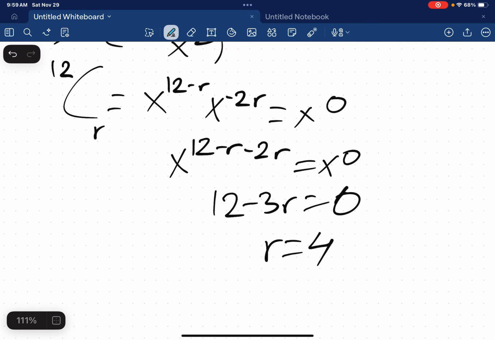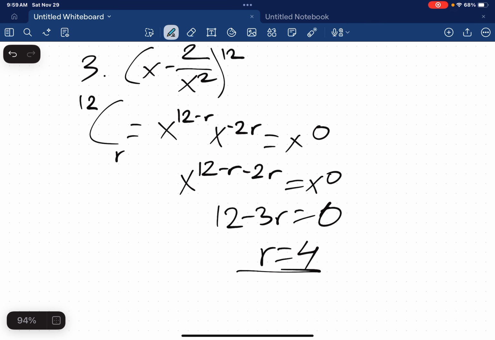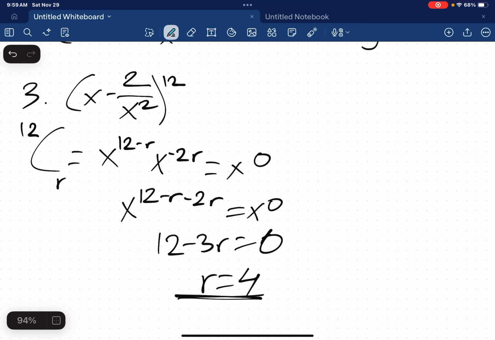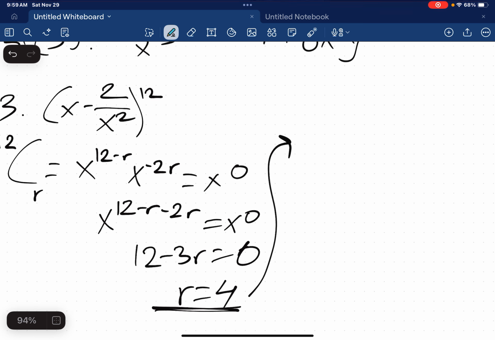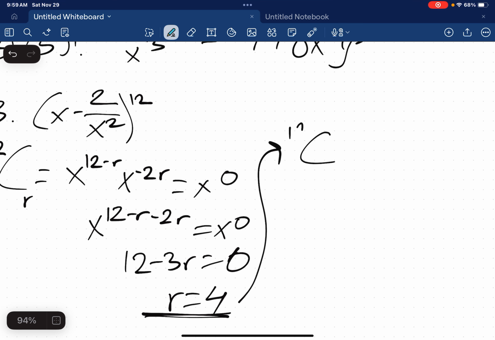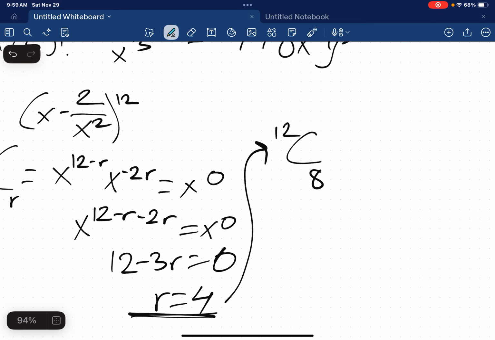And is that all it's asking? Well, no, it's not. We need to find what the actual term is. So then if we know r equals 4, we can come back over here. We can do 12 choose 8.